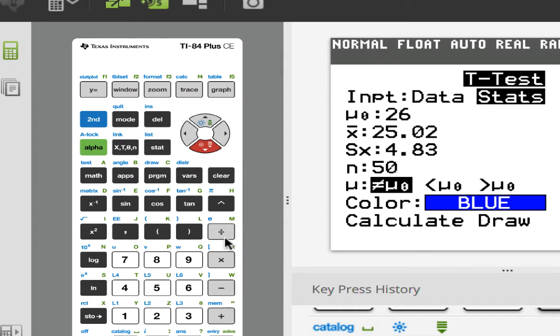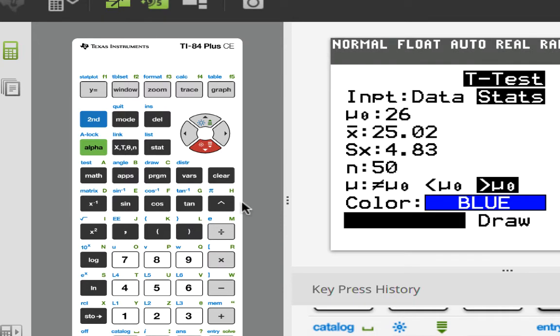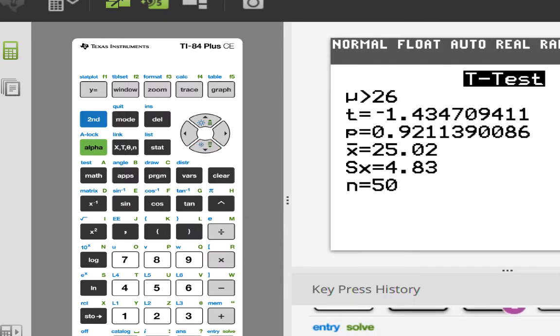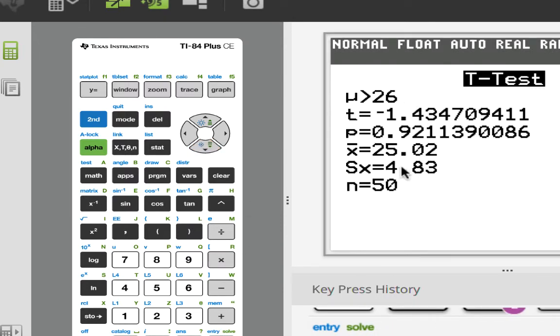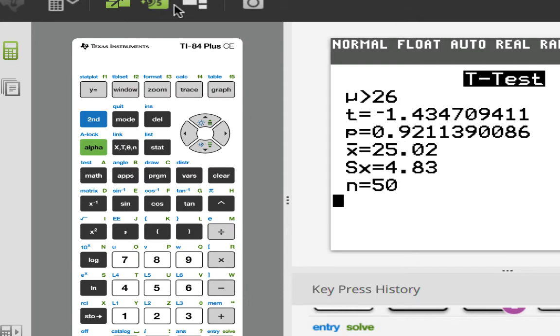So take your cursor to greater than, press enter. Forget about the color, just go to calculate and press enter. And here we get the t value, the test statistic value, the p value, we get all of that. And clearly the p value is much bigger than the significance level and hence we fail to reject the null hypothesis.